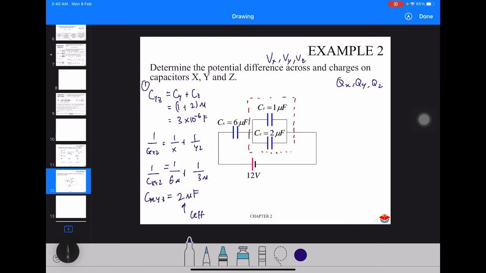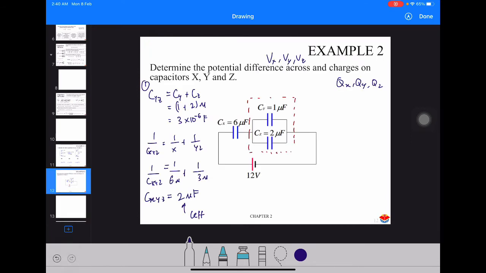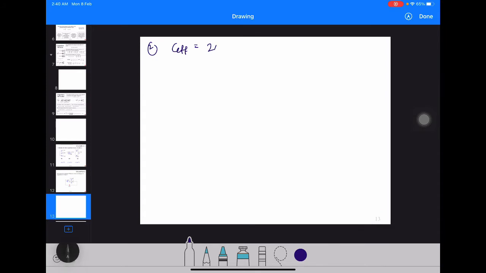The second thing is that you have to take notice of the 12 volt here. Once I got the C effective, which is equal to 2 microfarad, then I can calculate.